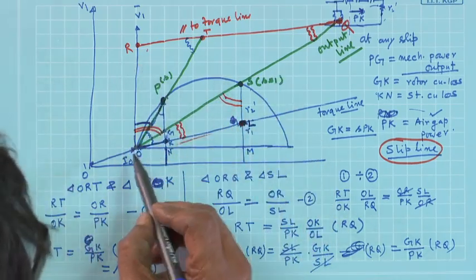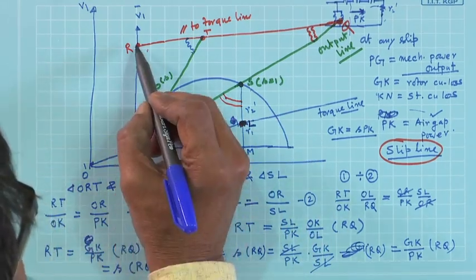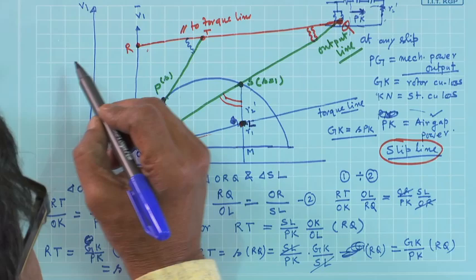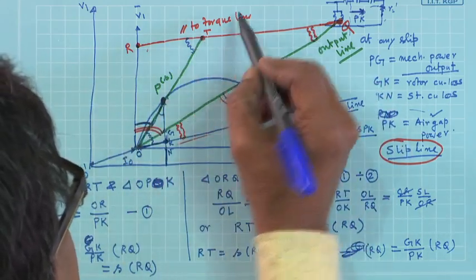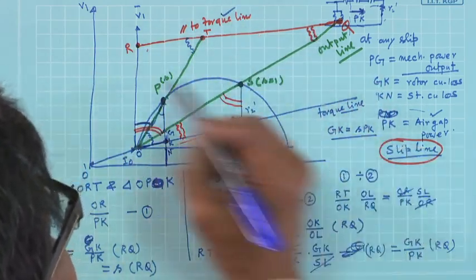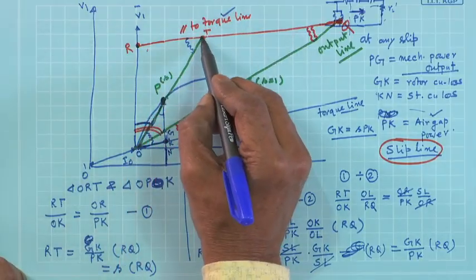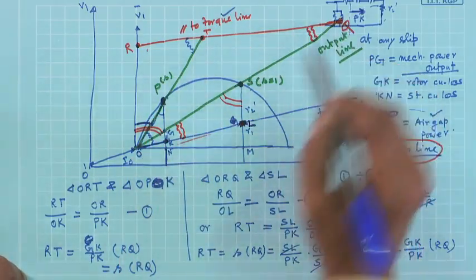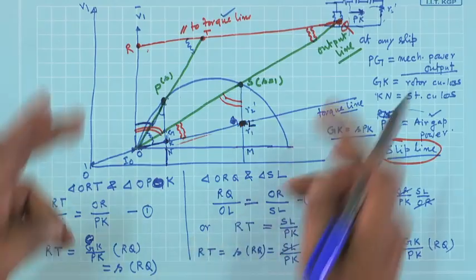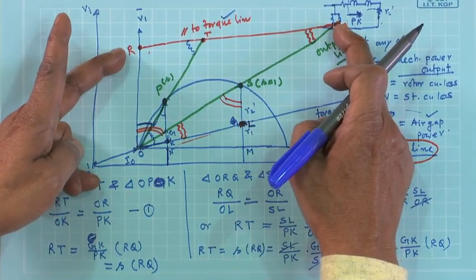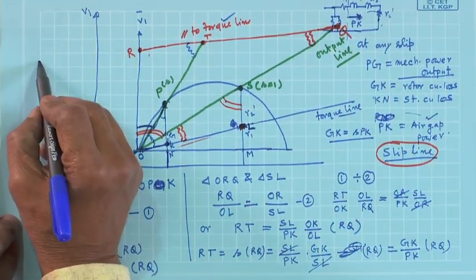Therefore, what I have done is, you take any point R, then draw a line parallel to the torque line, this line. Then the point of intersection is capital T, and this is OQ. So RQ is this length.